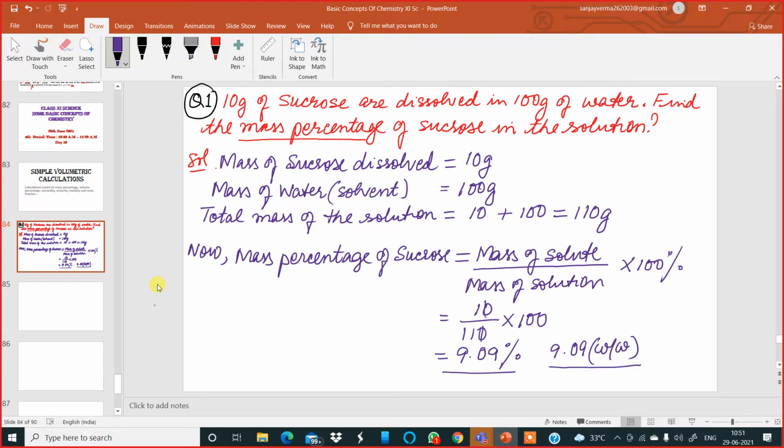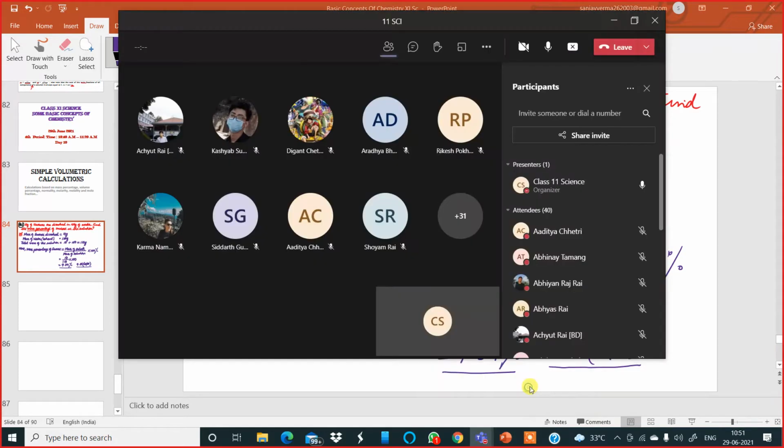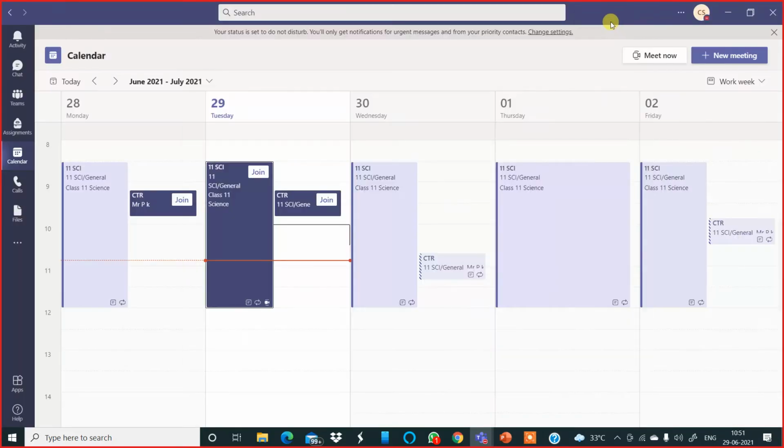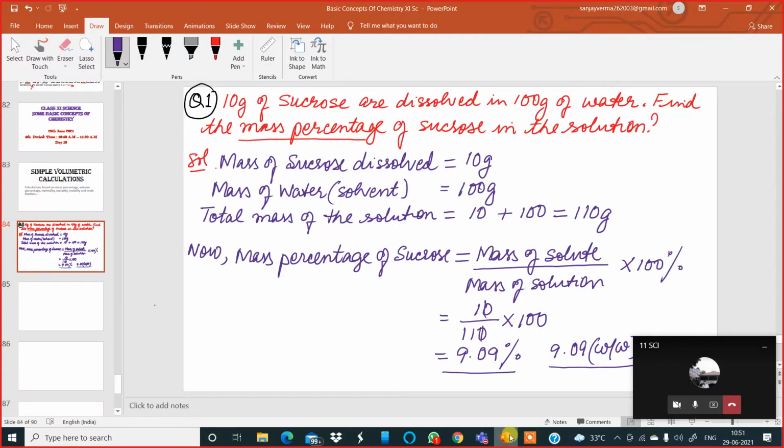That is how you do this sum. Look at the working, it's very easy. These are very basic problems. I hope everyone has got this clear. Now shall we go to the next sum, boys?